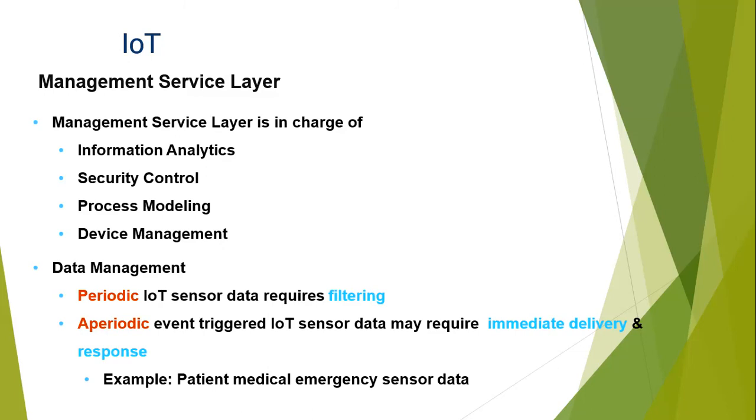Now the management service layer is in charge of information analytics, security control, process modeling and device management. On the data management side, we need to consider periodic and aperiodic characteristics. On the periodic side, the periodic IoT sensor data requires filtering because some data may not be needed, and if it is not needed, then we have to filter it.